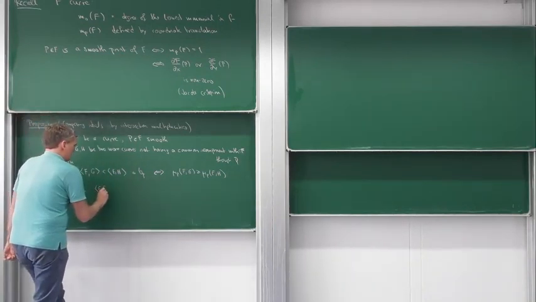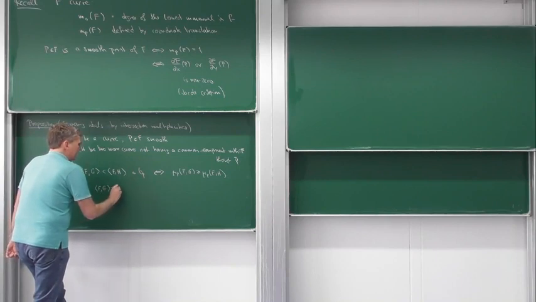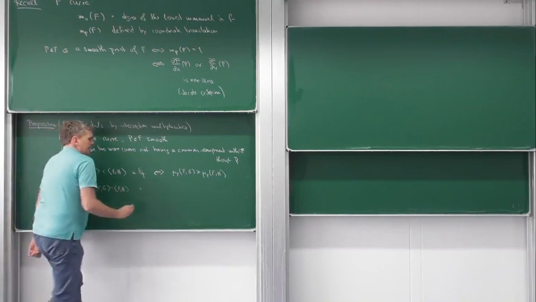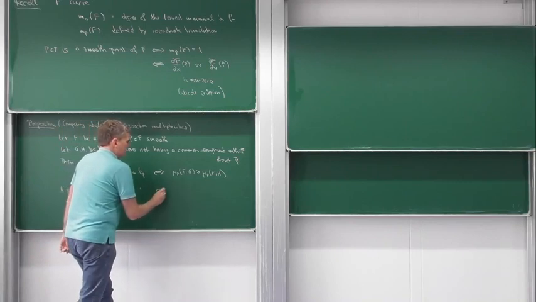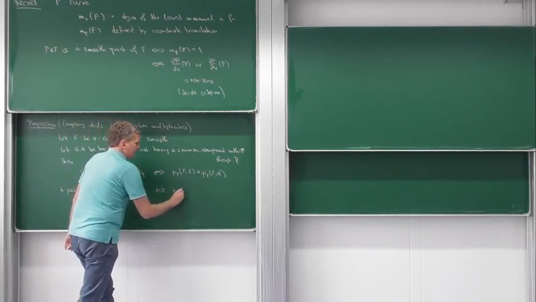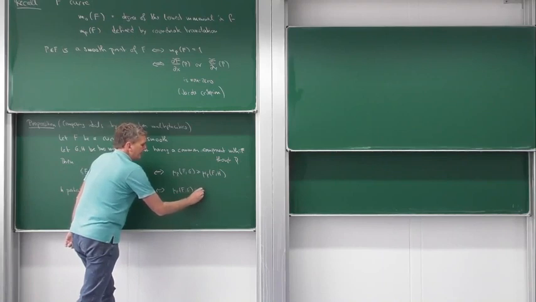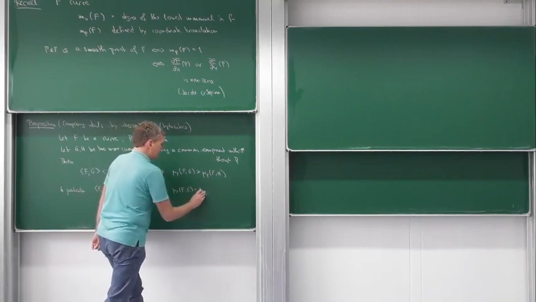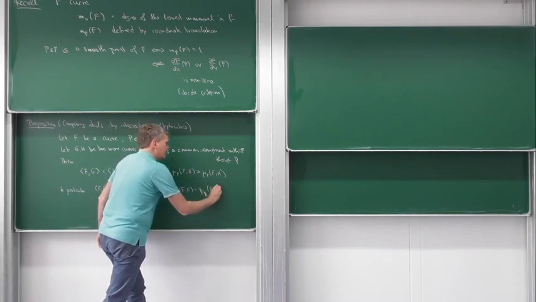So in particular, the ideal (f,g) is equal to (f,h) in OP if and only if those multiplicities are the same. So we'll first prove this, and then I can say how you can interpret this geometrically. It's something that we can actually nicely understand in terms of geometry.